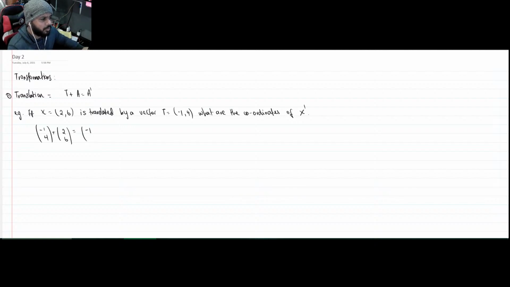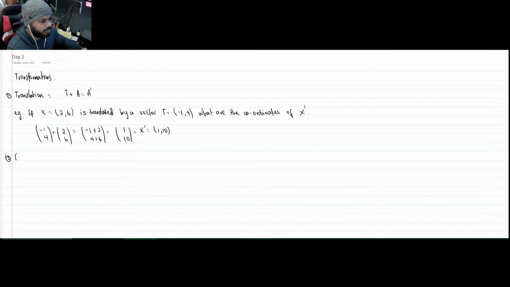This is -1 plus 2, 4 plus 6. -1 plus 2 is... no, -1 plus 2 is 1, sorry. And 4 and 6 is 10, which is equal to x prime, and just bring it back into coordinate form, which is (1, 10). If I show you one, I'll show you all.